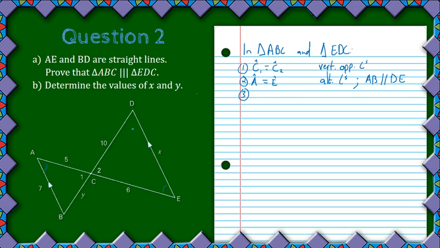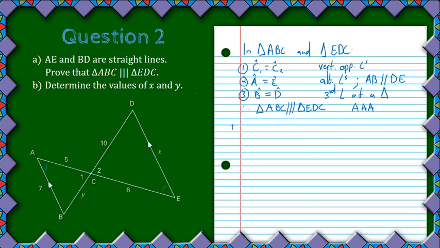And then finally, I can say that B is equal to D, and I can state that it's the third angle of a triangle. Right, so therefore, triangle ABC is similar to triangle EDC. My reason is angle, angle, angle.